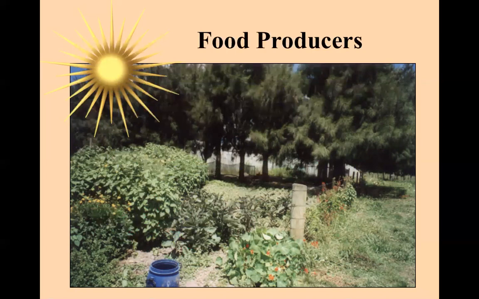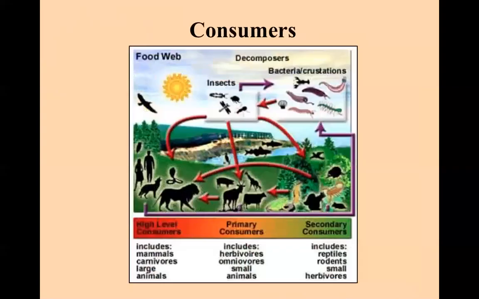They're food producers. And then the animals can come along and eat the plants. The animals either eat the plants directly or indirectly. In other words, they eat other animals that ate the plants. And so we have the producers and the consumers. The food producers are the plants, and the consumers are the ones that eat animals or plants.